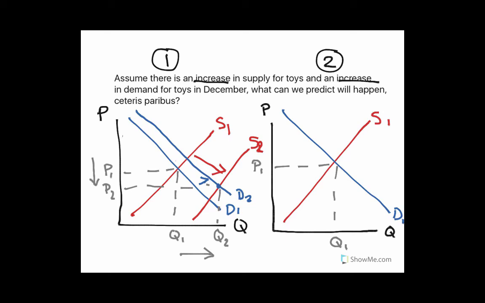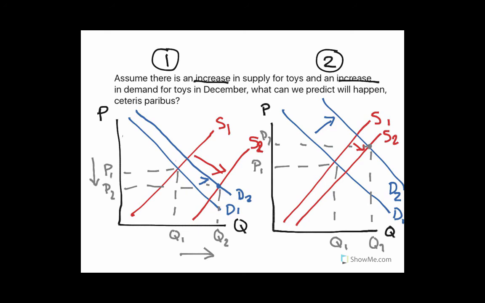Now for the second scenario, if you do a smaller increase in supply, such as this, and do a larger increase in demand, then you get a new equilibrium here with quantity 2 and price 2.